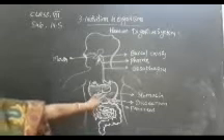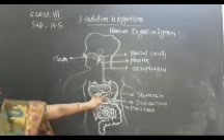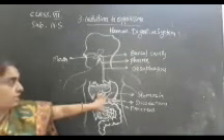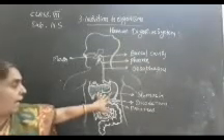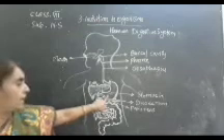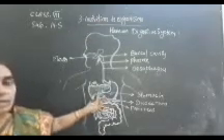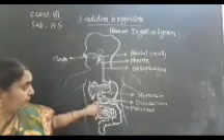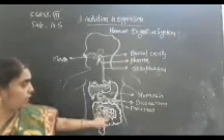So in the stomach, the protein digestion takes place and the bacteria that is present in the food gets killed through the action of HCl in the stomach. Later, from the duodenum, it enters the small intestine.